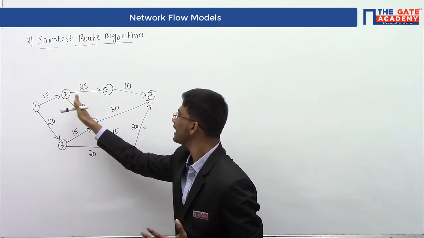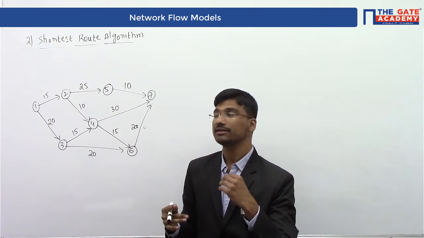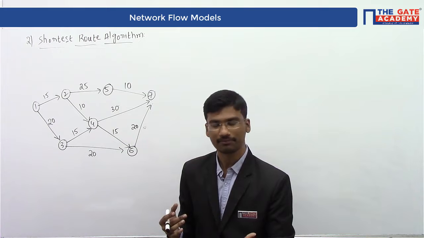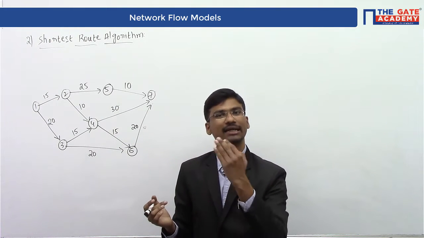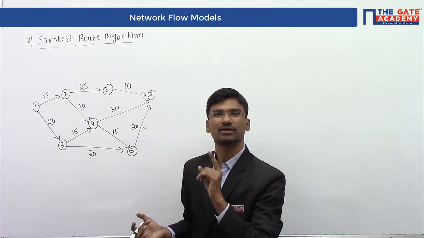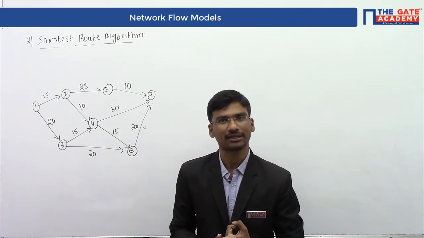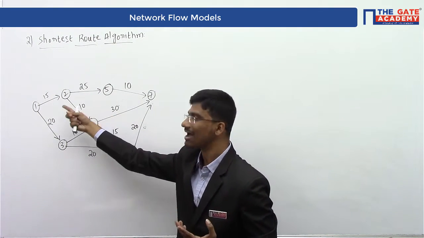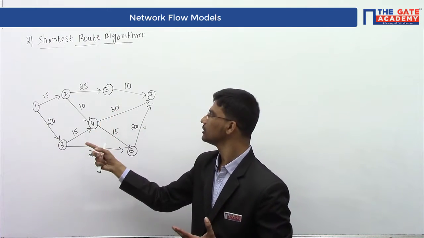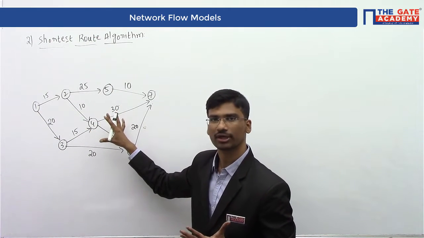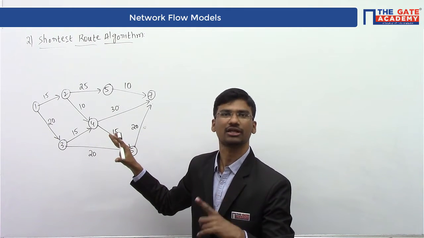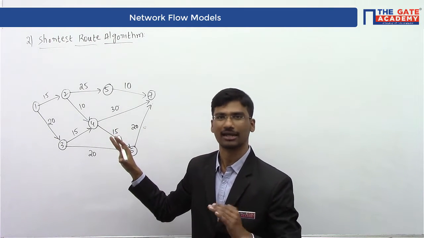So this is a directed network, while the non-directional networks are what we dealt with in the minimal spanning tree algorithm. So the basic difference between that algorithm and this algorithm is, first, the application part, and next, this one has directions. This is a directional network, so you have to remember that your minimal spanning tree algorithm deals with non-directional networks.